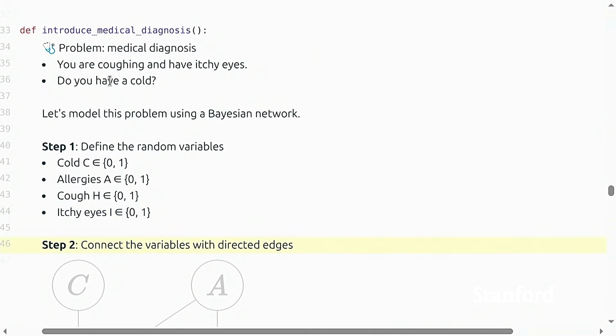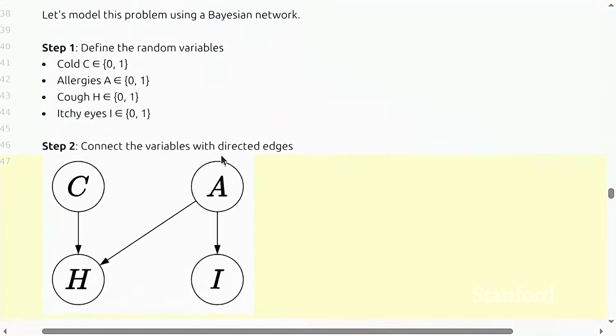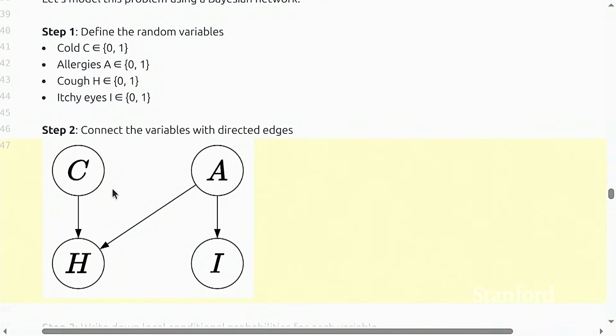Step 2, connect the variables with directed edges. So again, using my very sketchy medical prior knowledge, we say that cold and allergies, let's say they're just independent, so there's nothing connecting them. And so these are the potential problems.